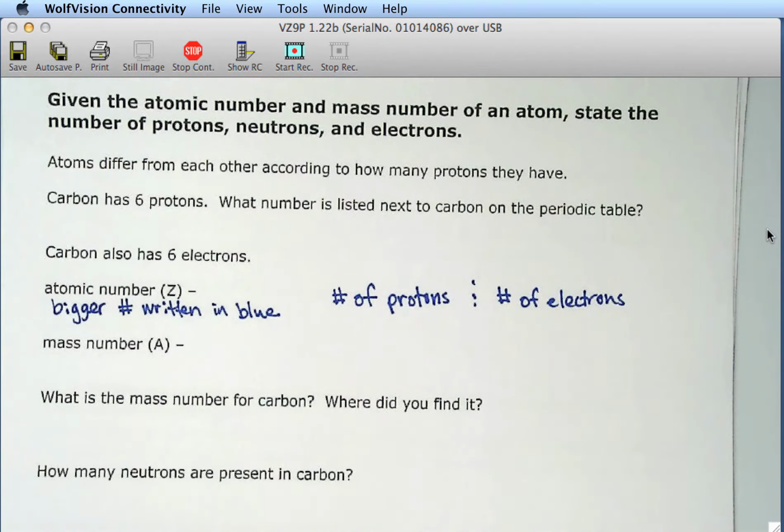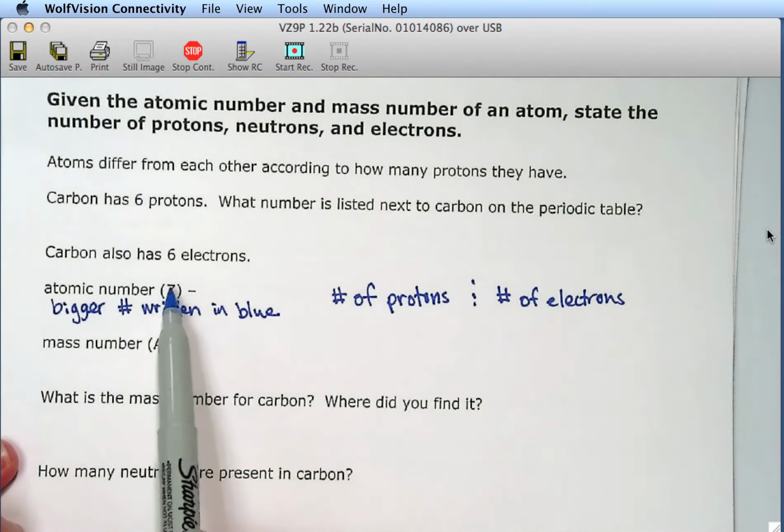So for this portion of our course, Unit 1, the number of protons and the number of electrons will be equal to each other because we're working with neutral atoms of a given element.